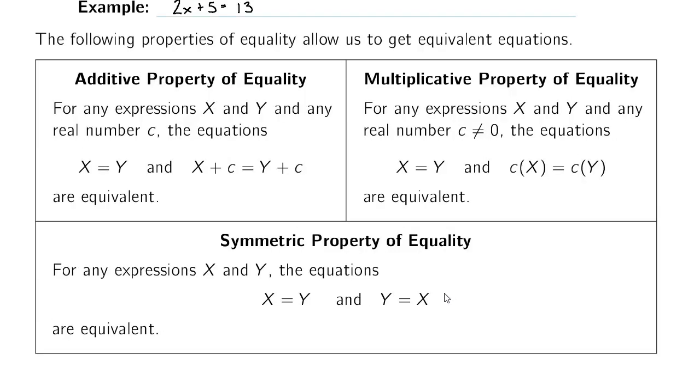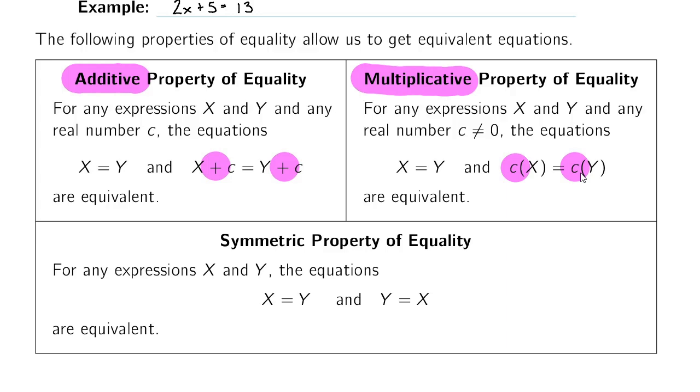We have the additive property of equality, which says that we can add the same number to both sides of an equation, and we'll get an equivalent equation. We have the multiplicative property of equality, which says that if we have a number that is not 0, then we can multiply by that number on both sides of the equation, and we'll get an equivalent equation.